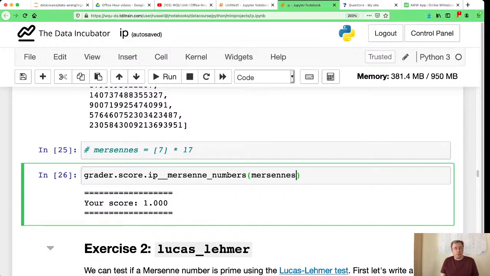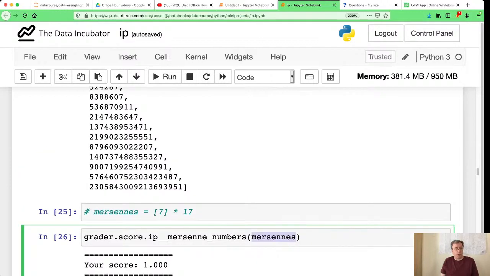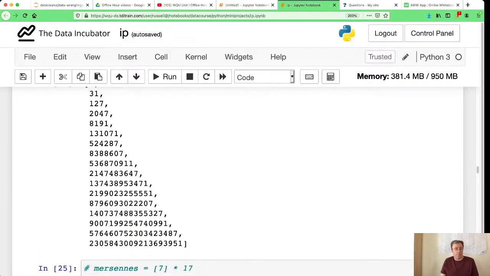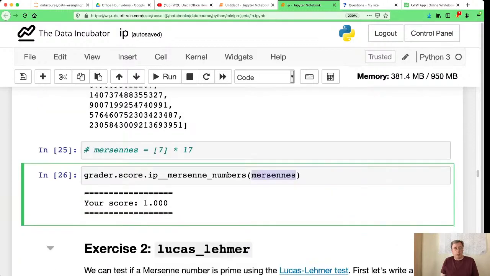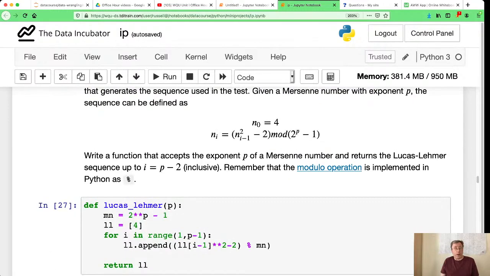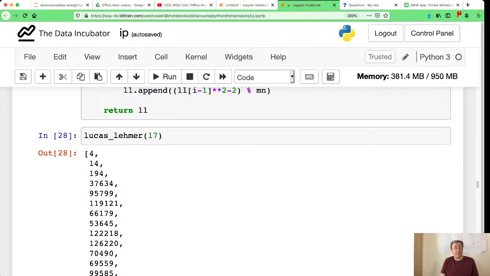The grader is described a bit more in the first mini project than in the later mini project. There are times when you might just give a list. In this case, we just gave a list of numbers. There are other situations where you might write a function. This is what you have to do in the second question of the mini project.